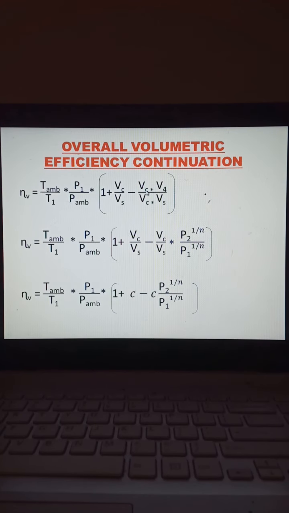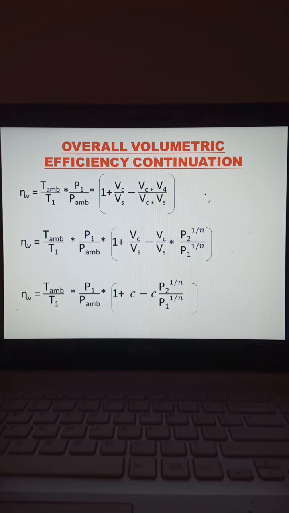When I substitute it, it will become like this. Vc divided by Vs remains the same, and this V4 divided by Vc I substitute with P2 divided by P1, the whole raised to 1 by n. It can be written as P2 raised to 1 by n divided by P1 raised to 1 by n, no problem. Now, I replace Vc divided by Vs with C. C is nothing but the clearance ratio.